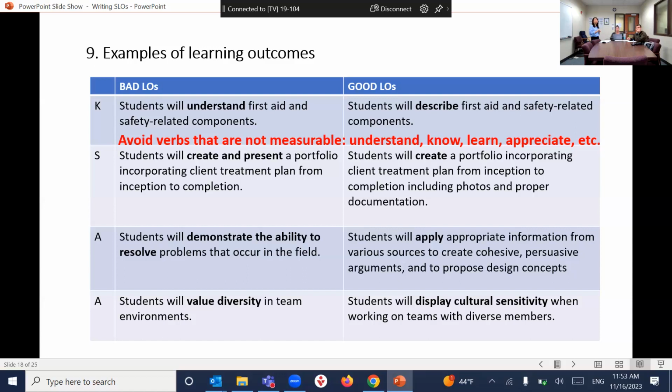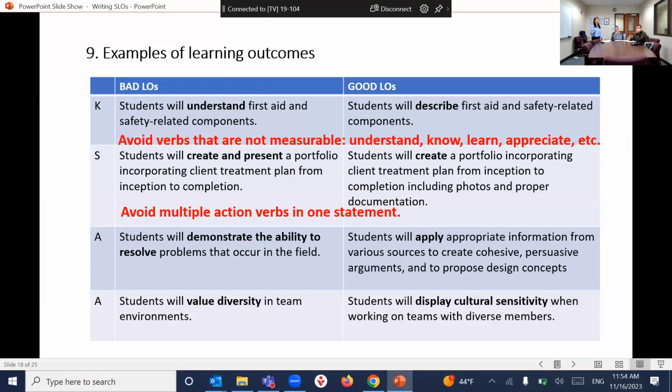The second, students will create and present a portfolio incorporating client treatment plans from inception to completion. And there are 2 action verbs. Thank you for pointing that out. So yes, we want to avoid grouping multiple action verbs in 1 statement. Third one, students will demonstrate the ability to resolve blah, blah, blah.